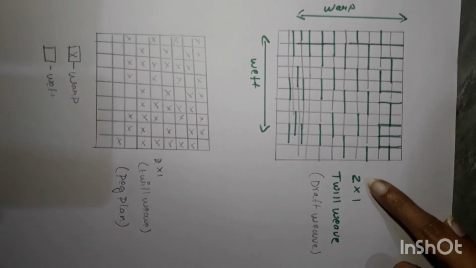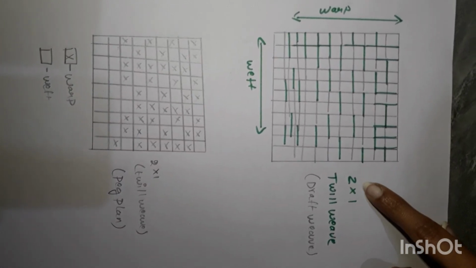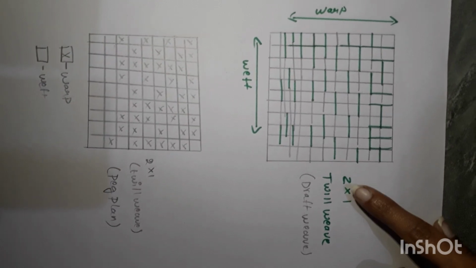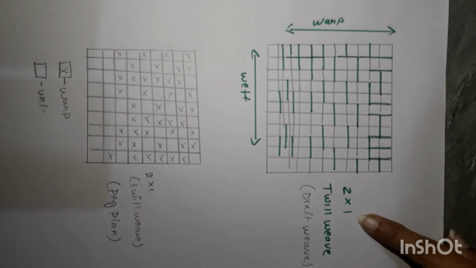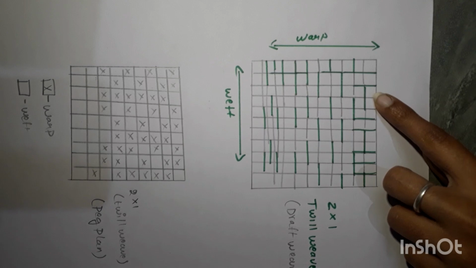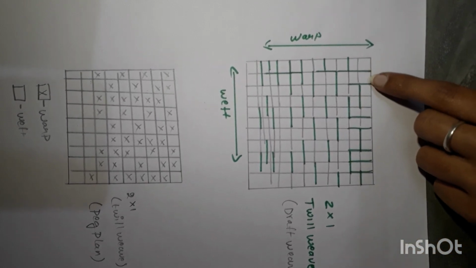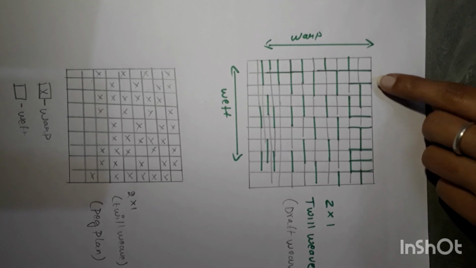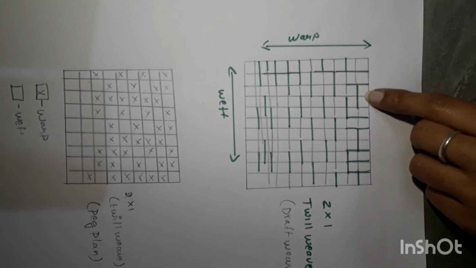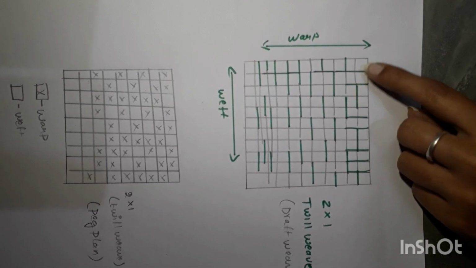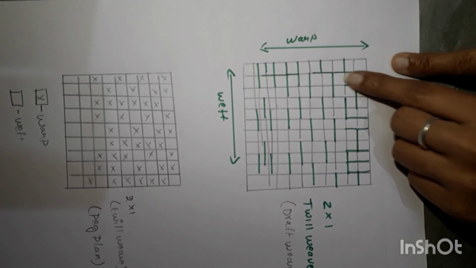It has a structure of 2 into 1, that is, the interlacement of warp and weft is 2 warp and 1 weft. The draft plan has been drafted like this. Here the green color indicates 2 warp yarns, and the plain square indicates a single weft yarn. The yarn interlacement is shown like this.